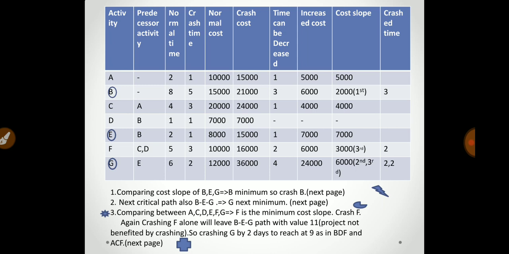Comparing between A, C, D, E, F, G, F has the minimum cost slope, so crash F. Crashing F alone will leave the BEG path with value 11, so crashing G by 2 days reaches 9 as in BDG. So let us see in the next page.